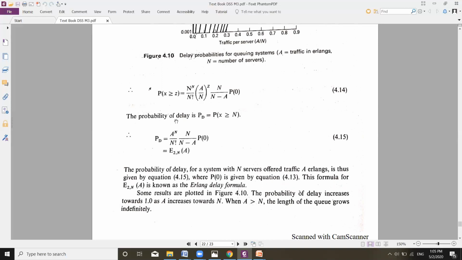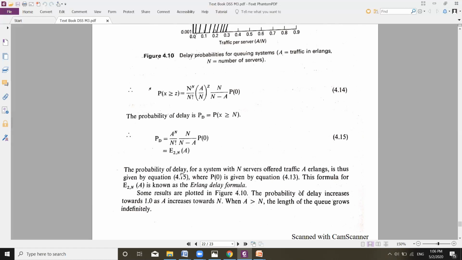Now the probability of delay PD is equal to the probability that x is greater than or equal to n, given by PD is equal to a to the power of n divided by n factorial multiplied by n divided by n minus a into p naught, and we denote this equation by E2,n of a.